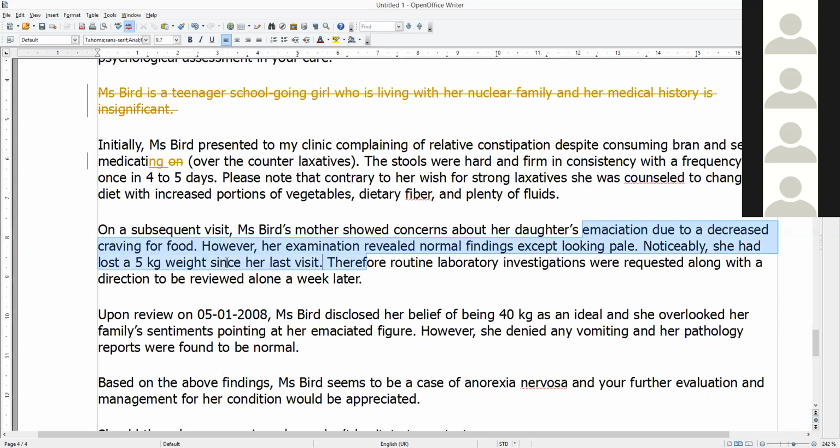I would maybe change that, about her daughter, because her appetite was not so good. Examination with ill-defined findings. Noticeably, she'd lost 5 kilograms in weight since our last visit.